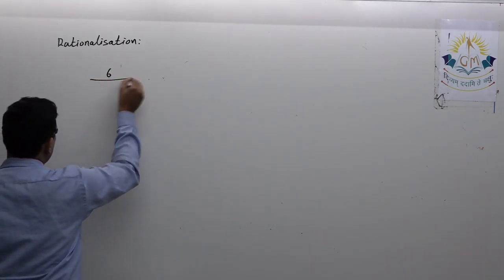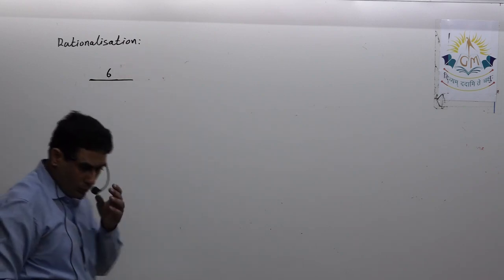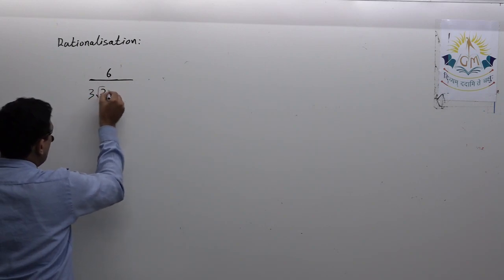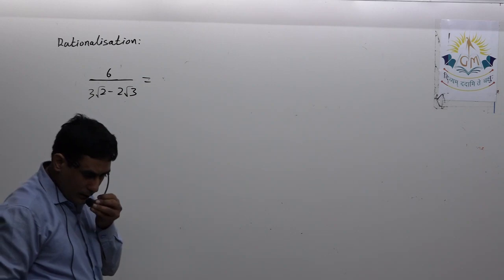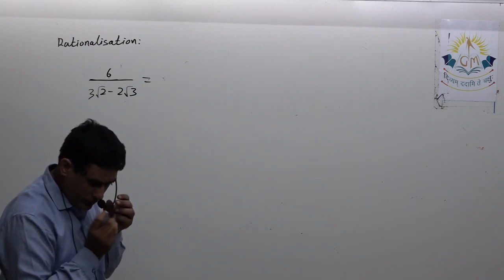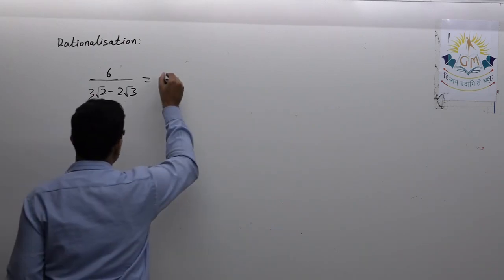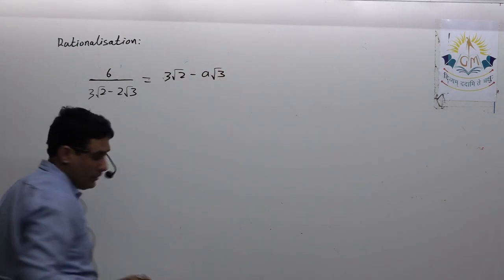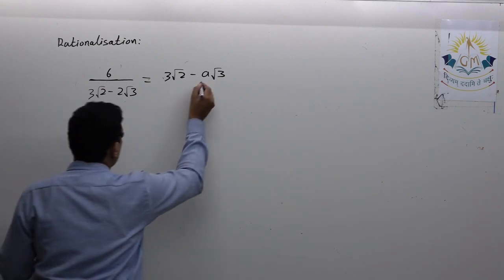For example, if we have 6 upon 3 root 2 minus 2 root 3 is equal to 3 root 2 minus a root 3. These two are equal, then you have to find the value of a.